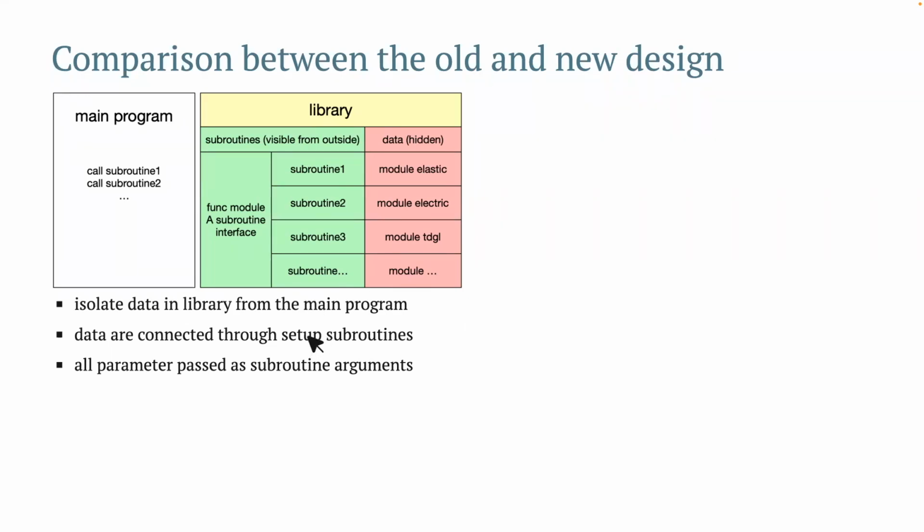For all of the data connection, Jason has these setup subroutines that you pass the data in the main program to as arguments, and within the subroutine, he connects the argument data to the data in the library. And then because he passed all of the parameters as arguments, Fortran needs us to tell it how these subroutine arguments are defined.